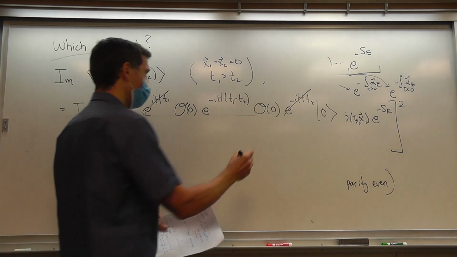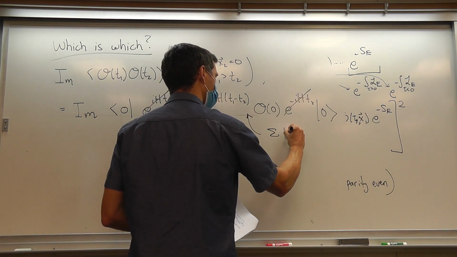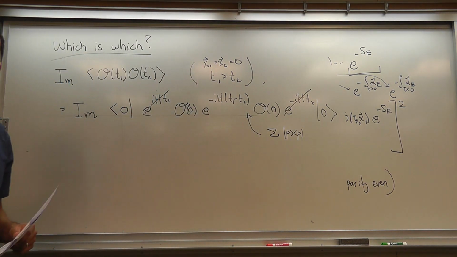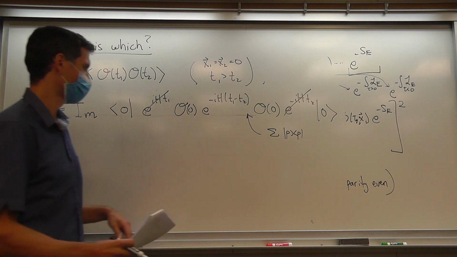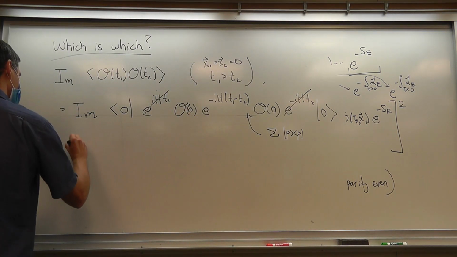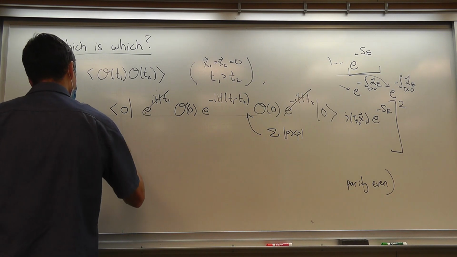And now what I'm going to do is insert in here a complete set of momentum states. Then this becomes the imaginary part of the integral d^4p.